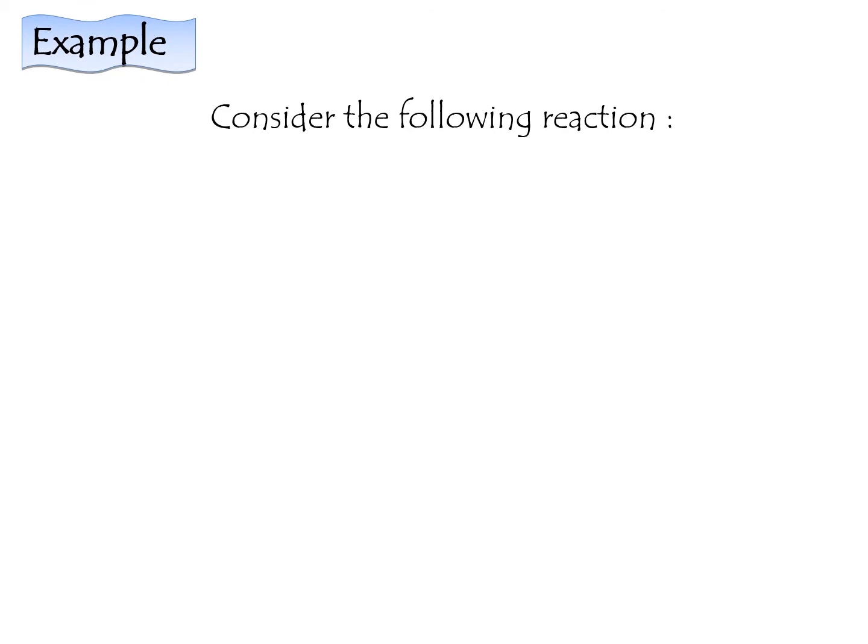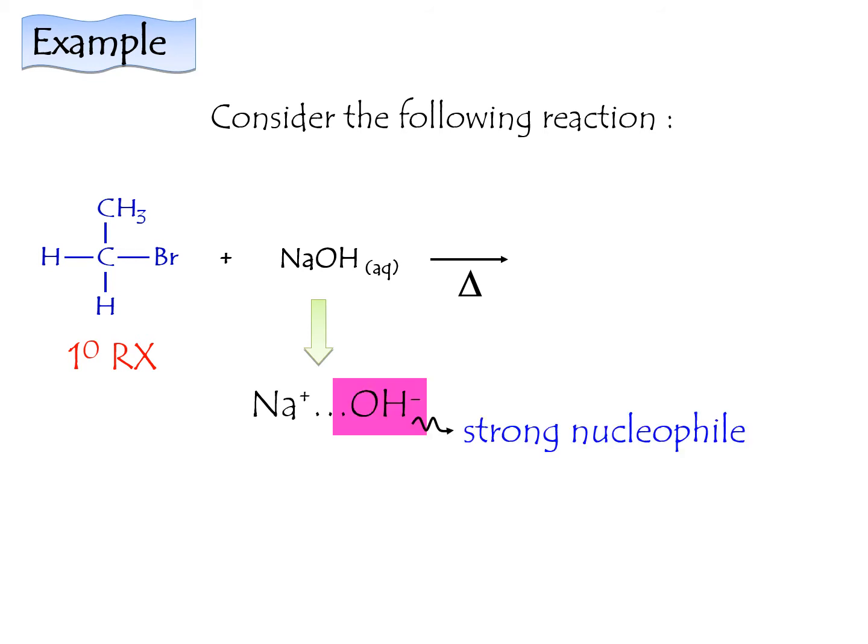Consider the following reaction. CH3CH2Br is a primary haloalkane. It reacts with aqueous sodium hydroxide under reflux. The nucleophile is OH-. OH- is a strong nucleophile. OH- substitutes the halogen atom bromine in the haloalkane to form an alcohol, and the side product is NaBr.